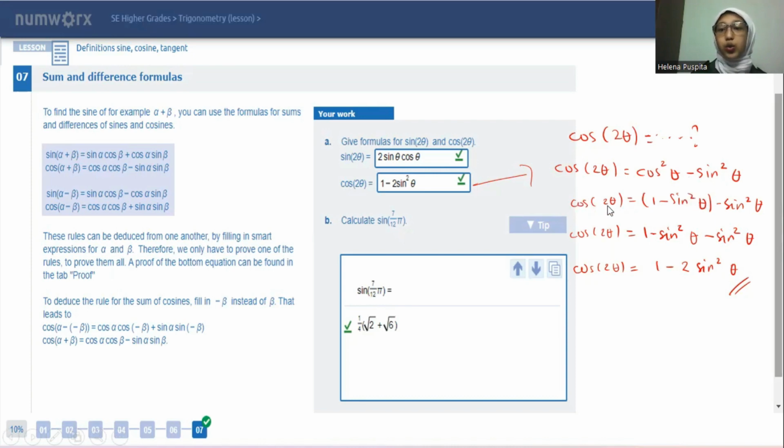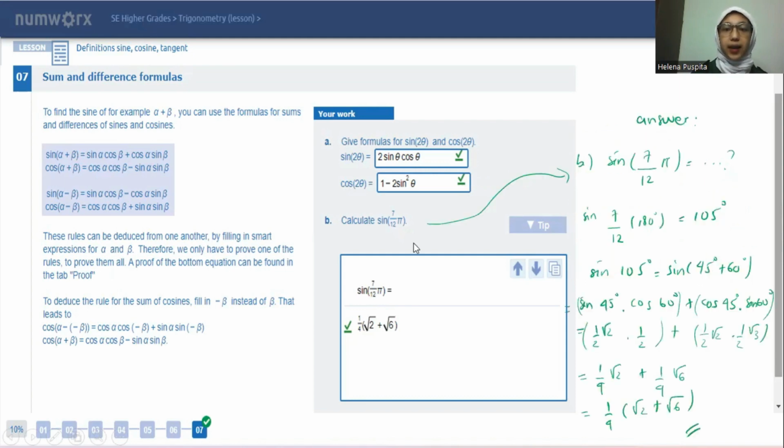So cos 2 theta equals 1 minus sine square theta minus sine square theta. Cos 2 theta equals 1 minus 2 sine square theta. So the solution is cos 2 theta equals 1 minus 2 sine square theta.